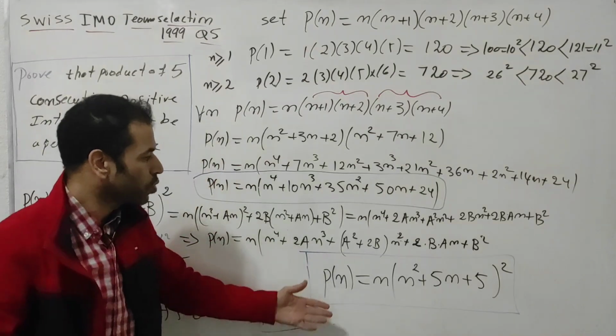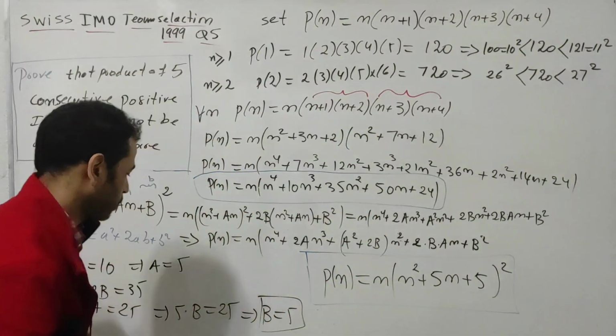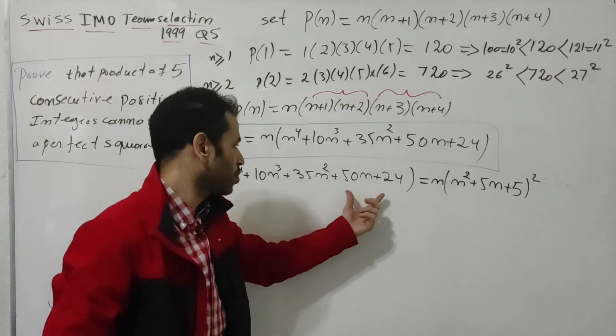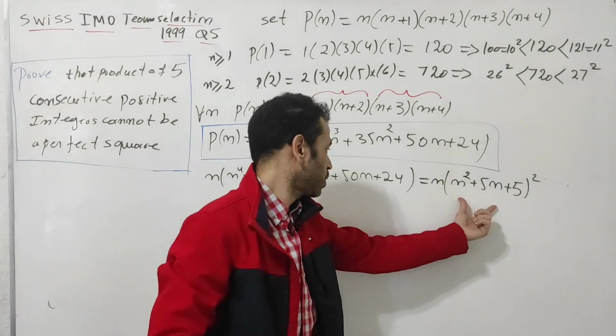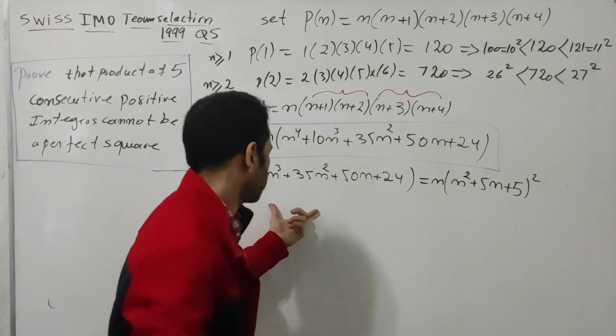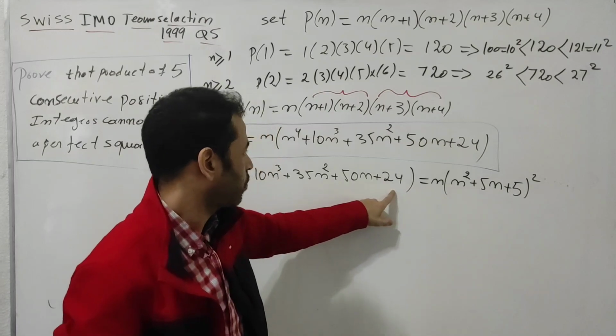Okay, so I'm going to clean up this board and bring this one at the top and continue with our problem. So from the last board, I found this one equal to this one. But remember, this one is not true, okay? This one is not equal to this one, because if you distribute this one, it is giving you 25.